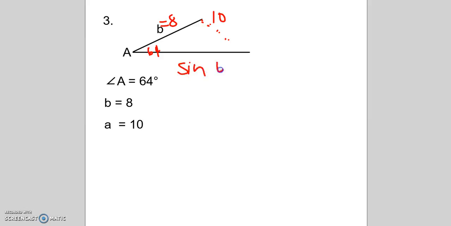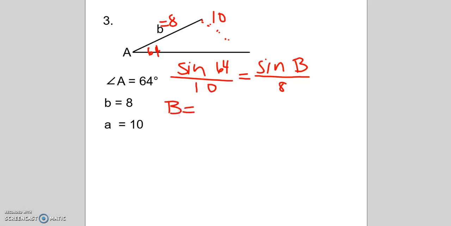So we have the sine of 64 over 10 equals sine of B over 8 because of what we are given. And we'll find here that angle B equals 45 degrees.